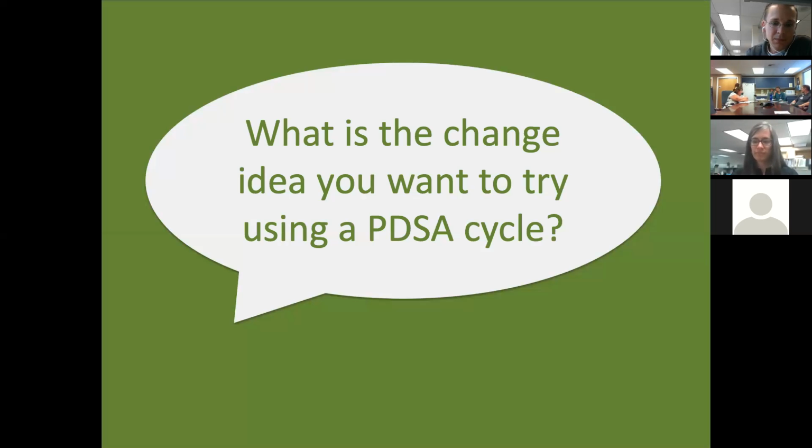Once you become really experienced with using a PDSA cycle, a lot of this stuff does happen in our minds, right? The only risk of not documenting it is that if we proceed with a change and adapt it over time and then ultimately implement it because it's effective, we risk losing a lot of the knowledge that we gained in learning from it and being able to adapt it in other settings.